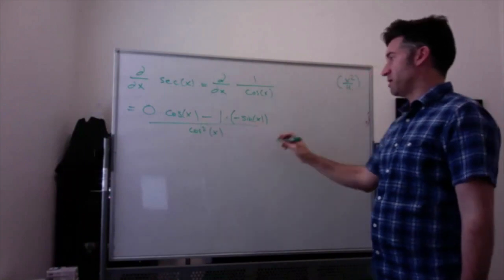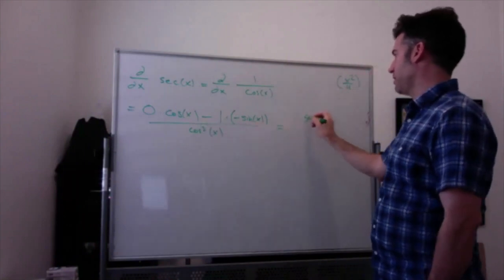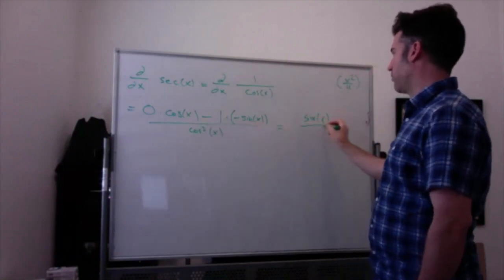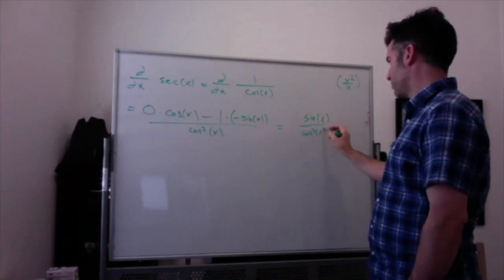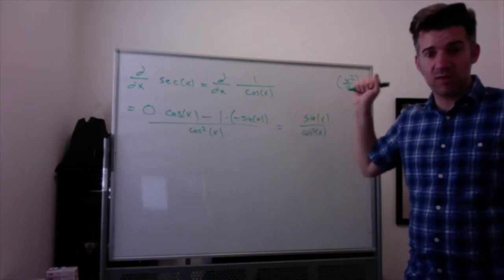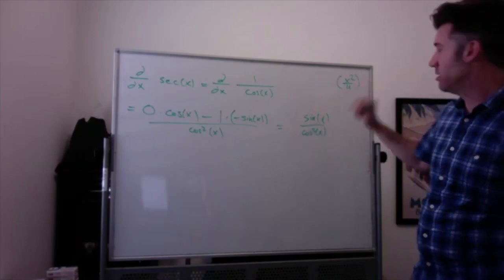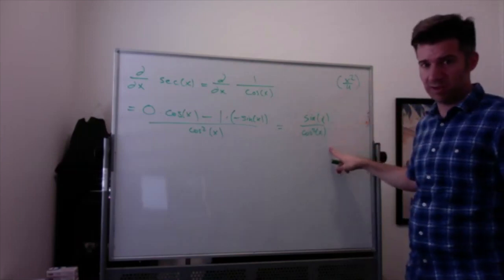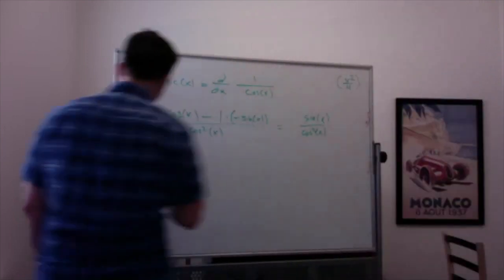Minus a minus is plus, so I get plus sine of x, all over cosine squared of x. But nobody ever leaves the answer this way. So it is correct that the derivative of secant is sine x over cosine squared x. But the way people write the answer is the following way.